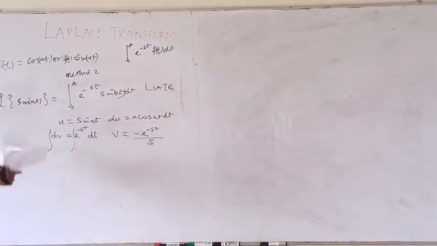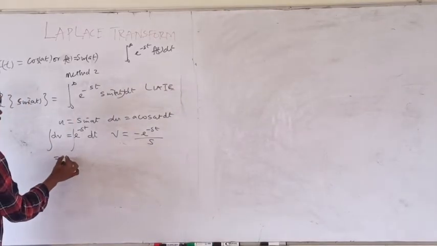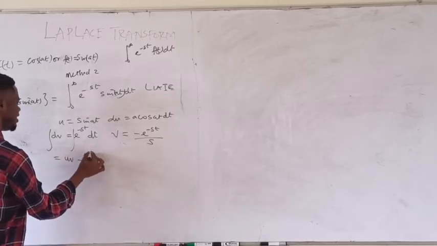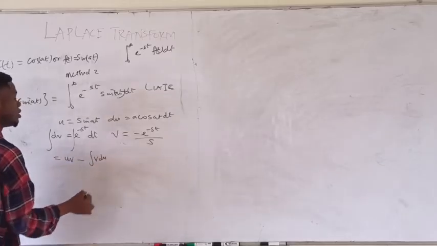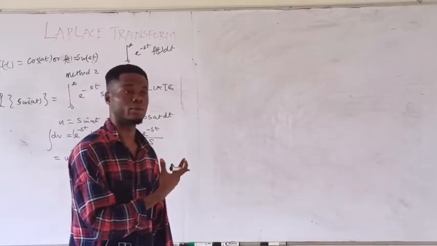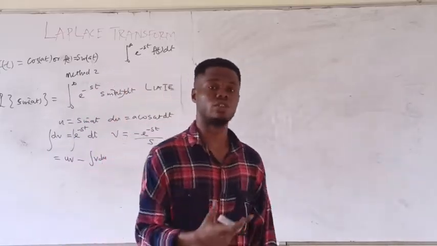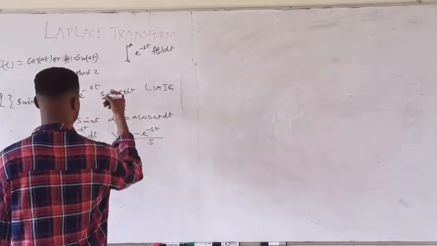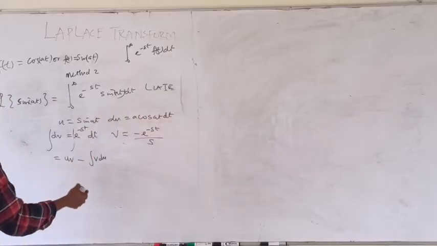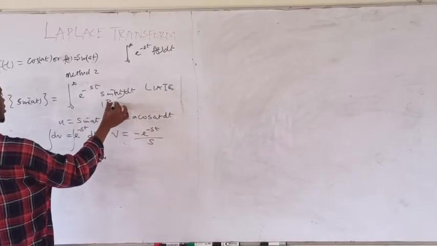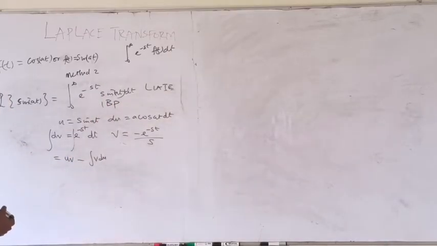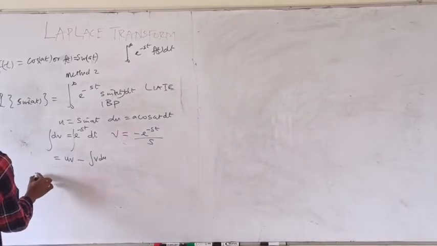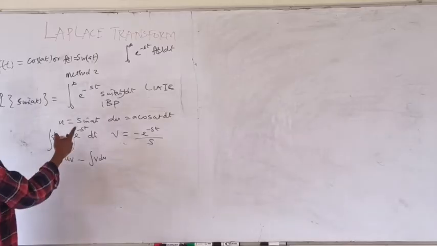So I'm going to substitute using uv minus the integral of v du. I'm going to use this formula to continue from it. This is IBP, I'm using integration by parts to do it, okay? Alright, so what we have left is, this integral is now equal to what is the value of our u?